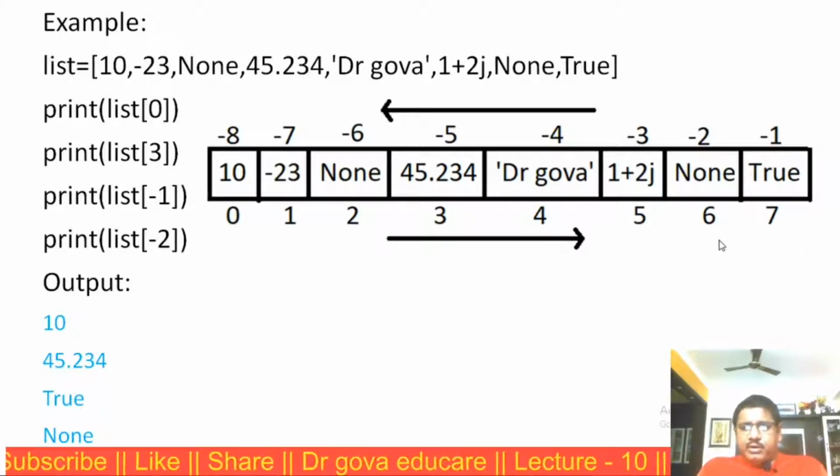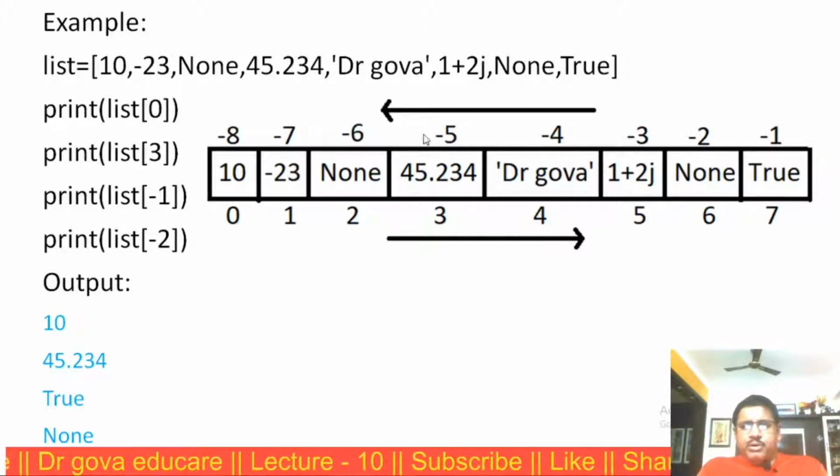Now this is in forward direction, whereas in backward direction it is minus 1, minus 2, minus 3, minus 4, minus 5, minus 6, minus 7, minus 8.